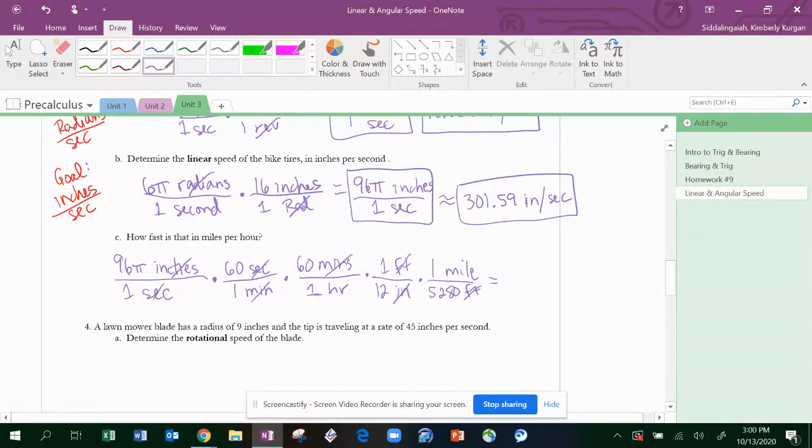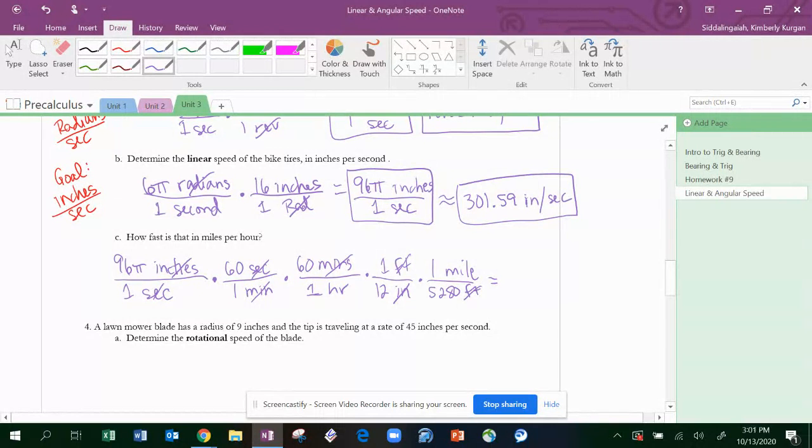Okay, so now I'm going to take that 96 pi, or that 301.59. I'm going to multiply it by 60, and then multiply it by 60 again. The 1 and the 1 don't really matter. And let's see, what do I have down below?